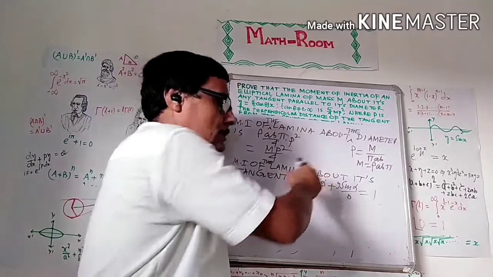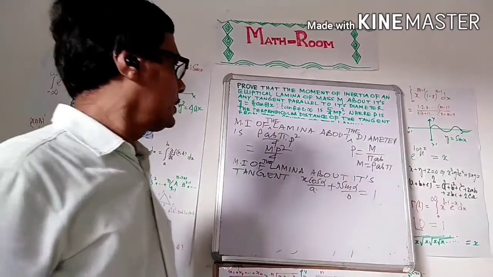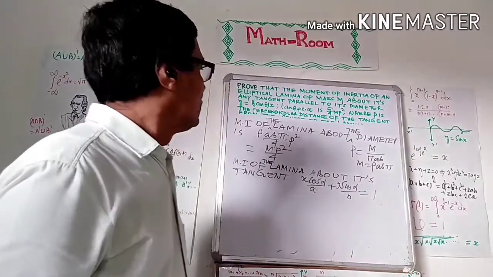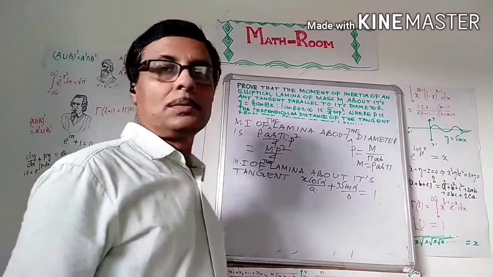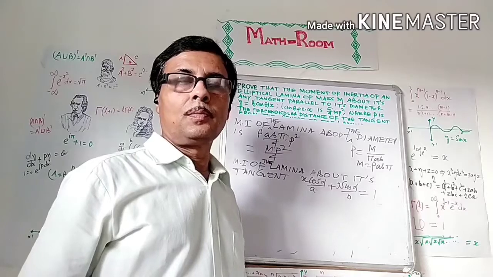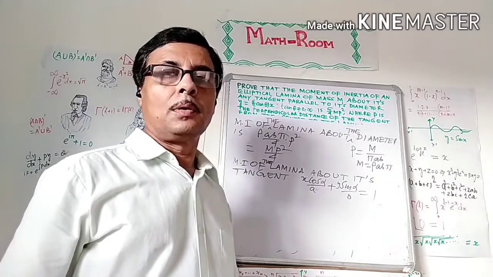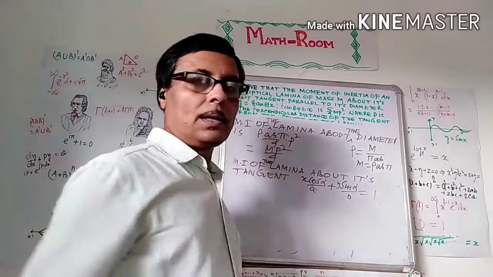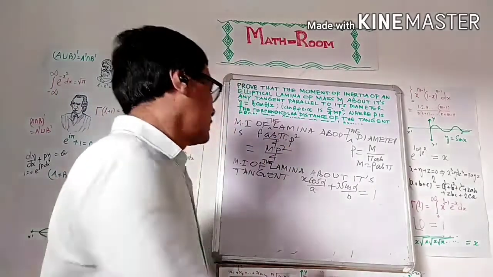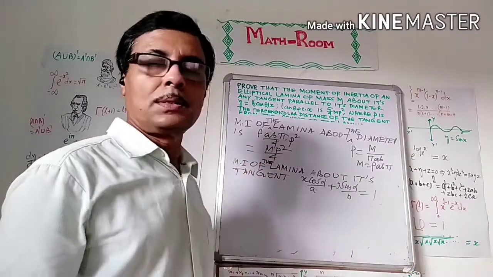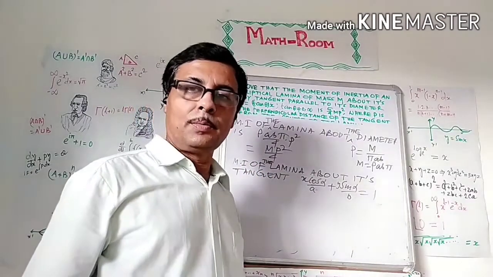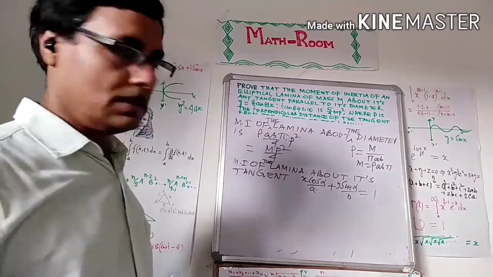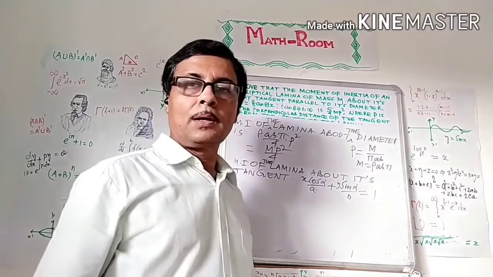So the equation is this. And how can it be derived? It can be derived by using the parallel axis theorem on moment of inertia. We use the parallel axis theorem to evaluate the moment of inertia of the lamina about its tangent. What is the parallel axis theorem?